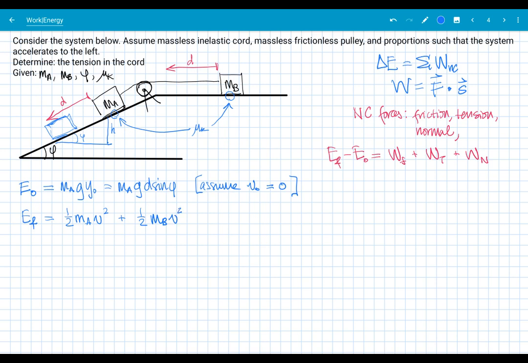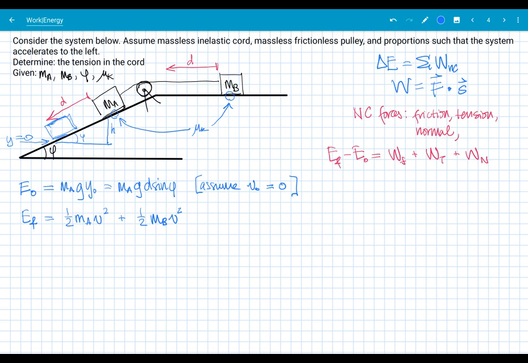Now they're tied together by an inelastic cord, so those speeds are going to be the same. Okay, and then what I'm going to do is just set my y equals 0 right here at the lowest point in the interval that I'm studying. So there's no gravitational potential energy at the quote unquote bottom of that interval there. Okay, so that's my initial and final energies.